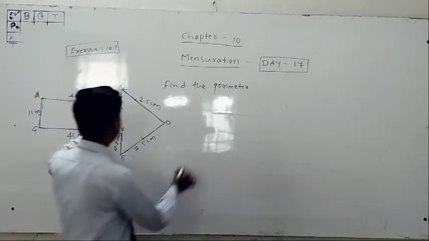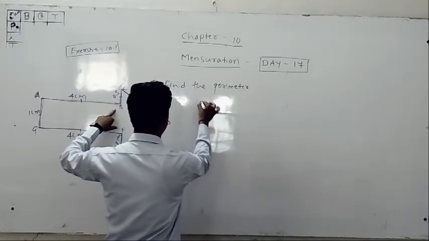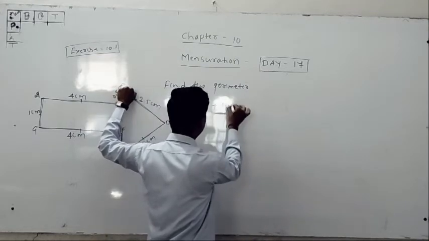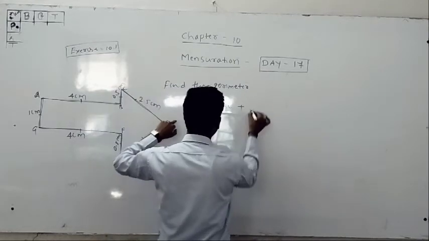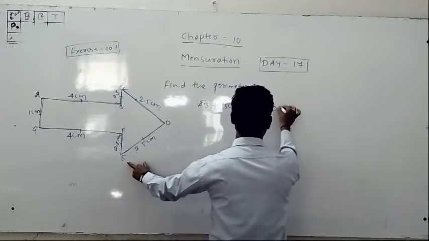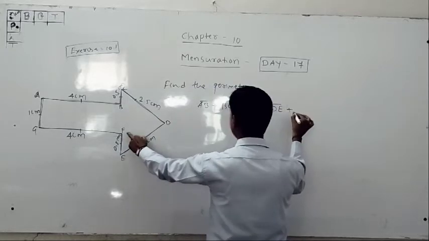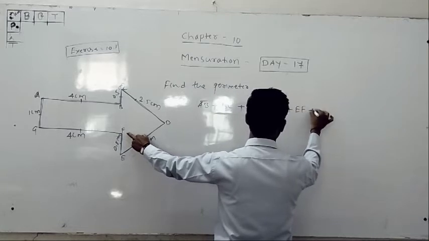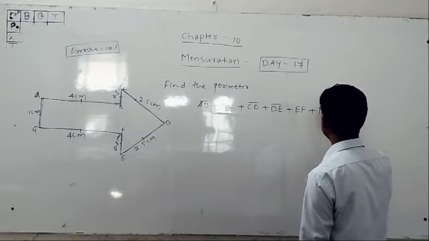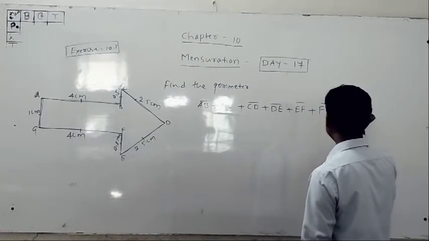First A to B, how much length is there? Perimeter is AB plus BC plus CD plus DE plus EF plus FG plus GA.